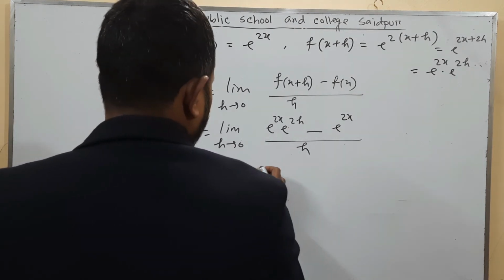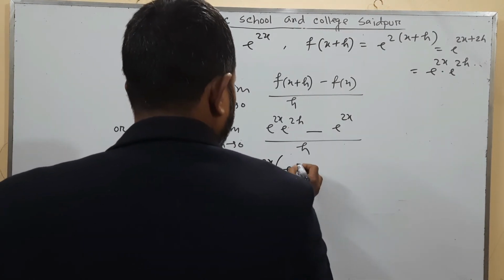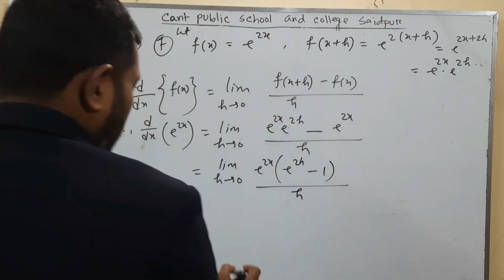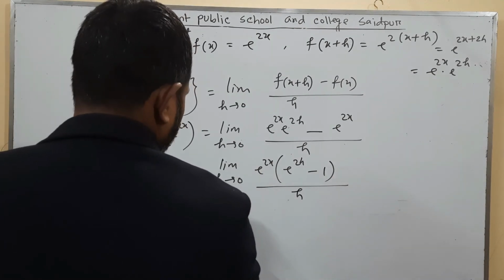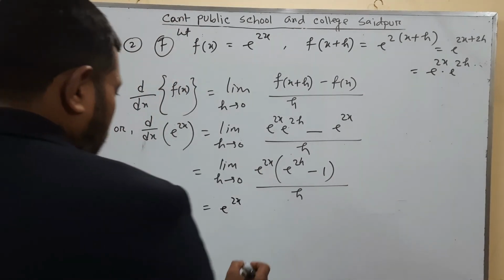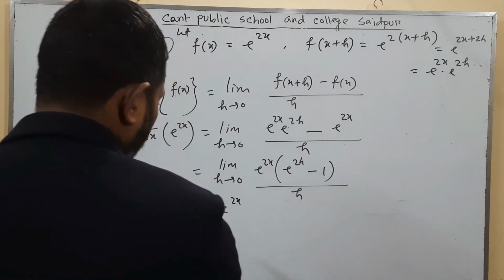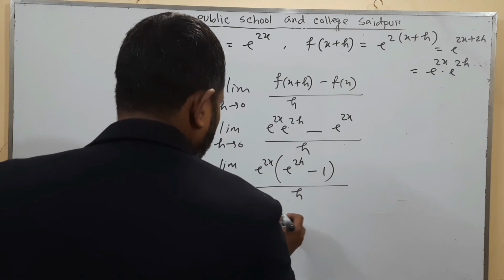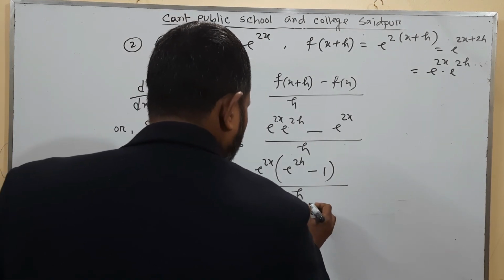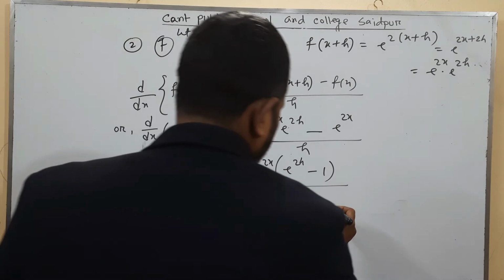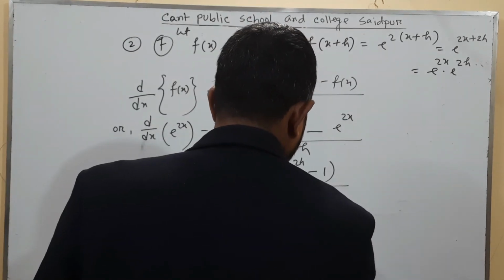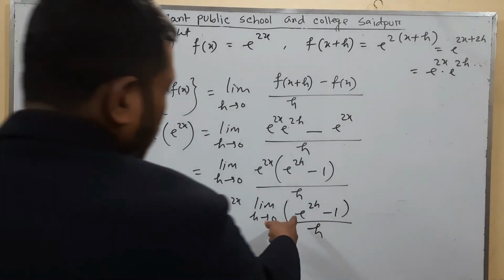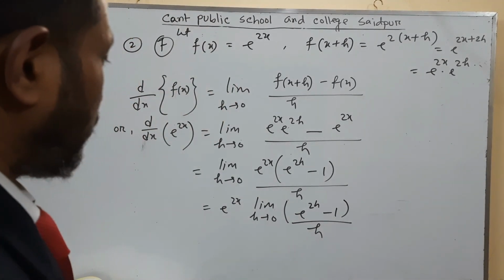If we take common e to the power 2x, we get e to the power 2h minus 1 by h.